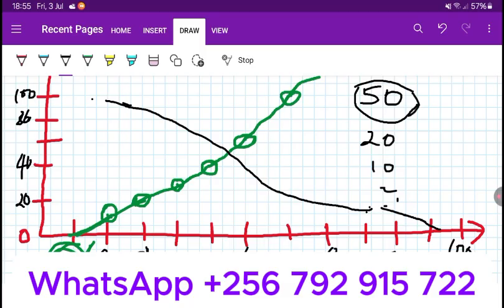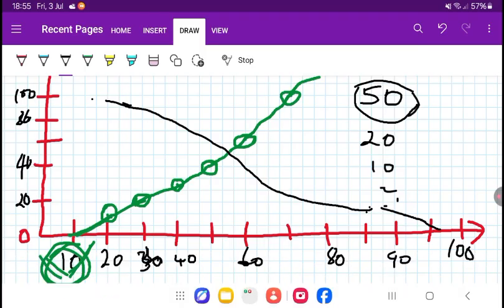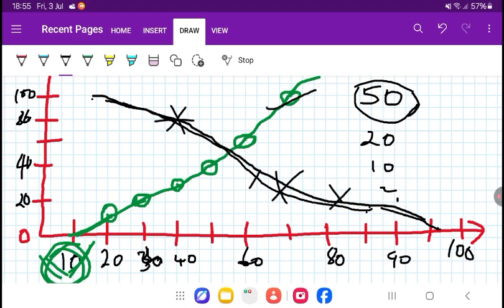So the moment you get the cumulative frequencies, you will see that the curve will look as if it is moving this way. Most of the questions that we find are in this kind of aspect, bending to the right hand side. So basically that's what we wanted to get as far as the Ogives are concerned.